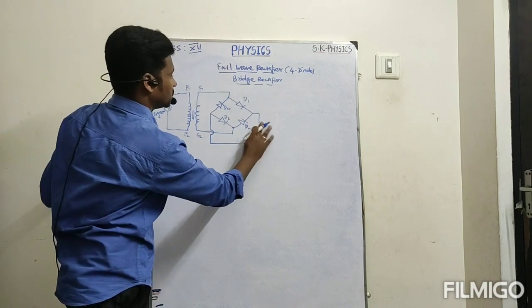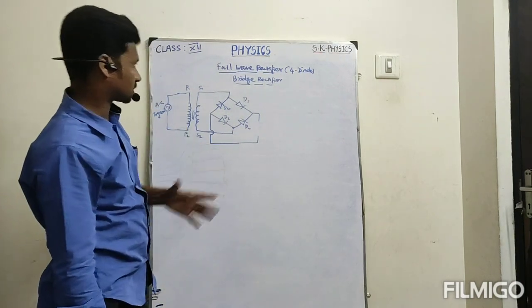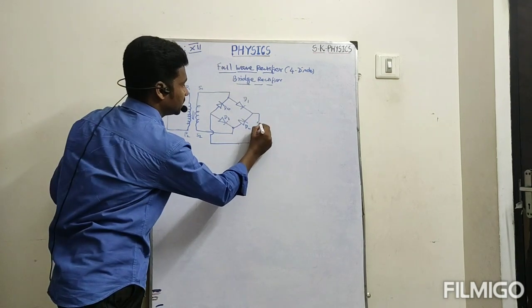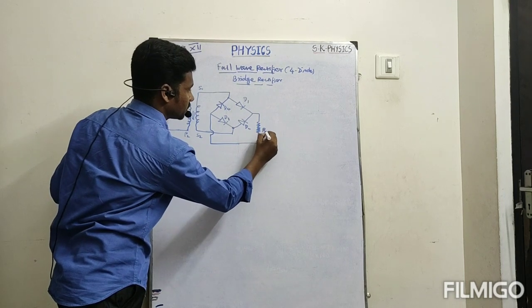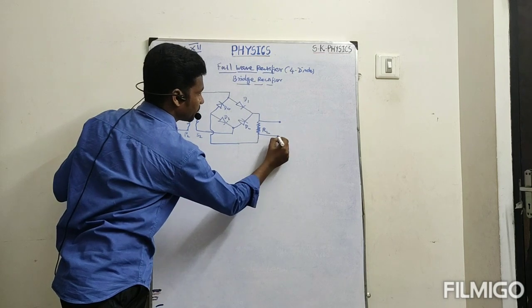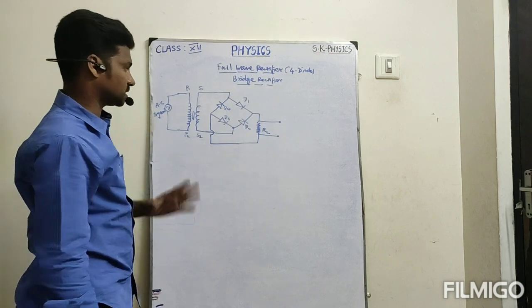So listen, this is the actual structure of the bridge rectifier. We can get the output from the load resistance, RL, here. This is the output region. Here the input is AC source, and the output will be DC.